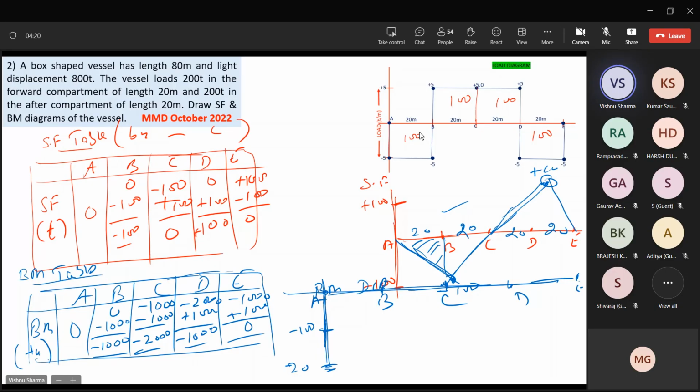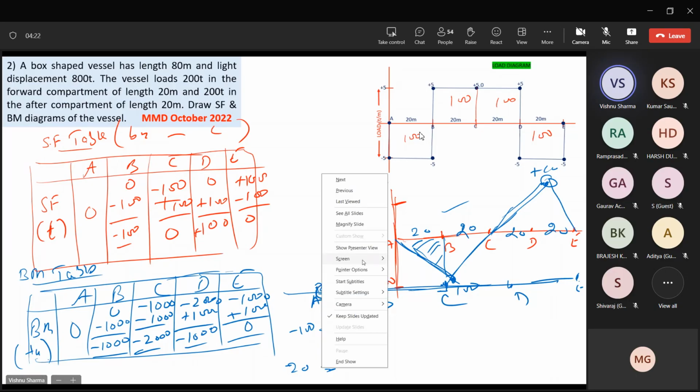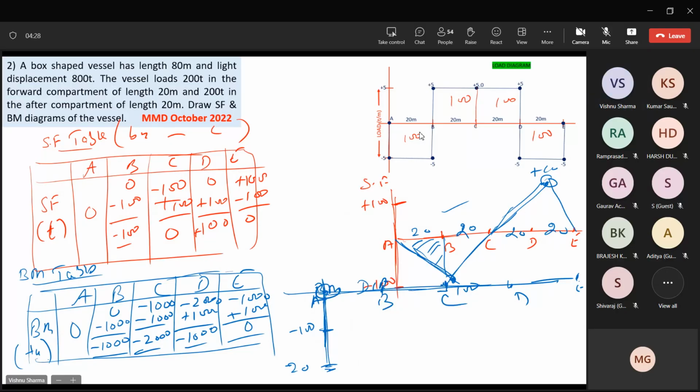Let me change to red marker or green marker rather. A, it is 0. B, it is minus 1000. C, it is minus 2000. D, it is 1000. And E, it is 1000. These are the points. First triangle, we are integrating from vertex to base.